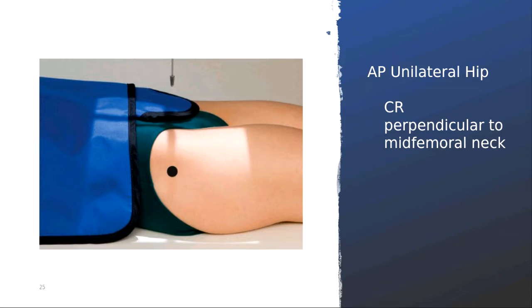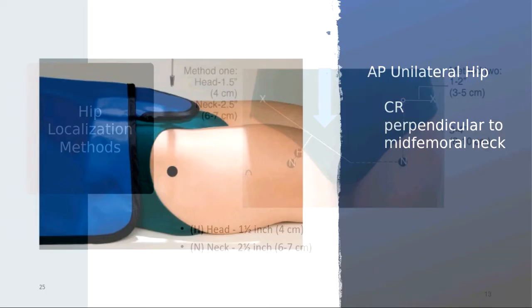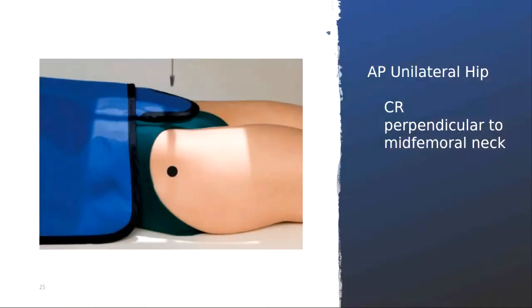And if we go back and check out what we're talking about with that, it would actually be this, where you're finding ASIS, 1 to 2 inches medial, 3 to 4 inches down, and that will put you on the femoral neck. And if the foot is internally rotated, then what that will do is actually make the femoral neck parallel to the IR.